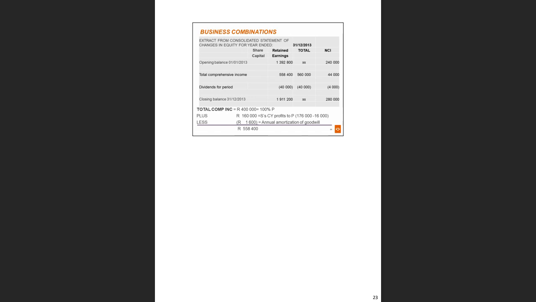So if we take P's total comprehensive income plus S's 80% of that, and we take out Goodwill because that would have been an expense, so it would have reduced our net profit, this is going to give us total comprehensive income of 558,000 Rand at the bottom there.